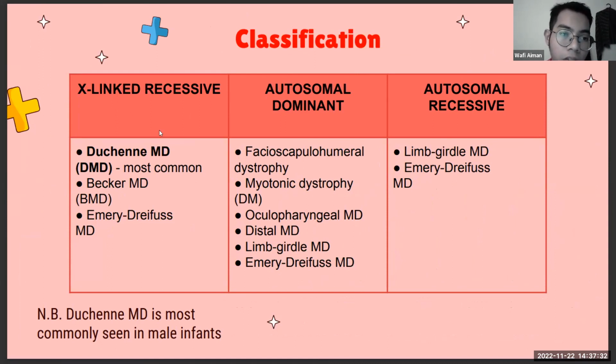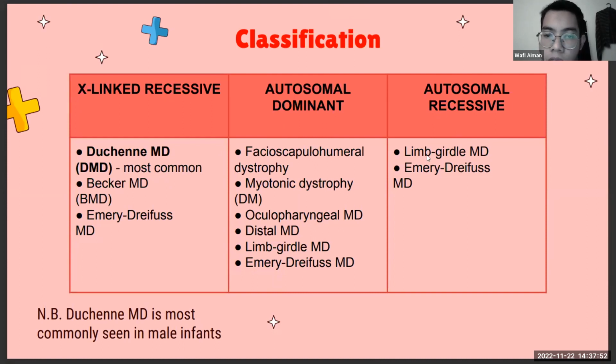For X-linked, we have Duchenne, DMD, Becker muscular dystrophy, BMD, and also Emery-Dreifuss muscular dystrophy. For autosomal dominant, we have facioscapulohumeral, myotonic, oculopharyngeal, distal, limb-girdle, and also Emery-Dreifuss.